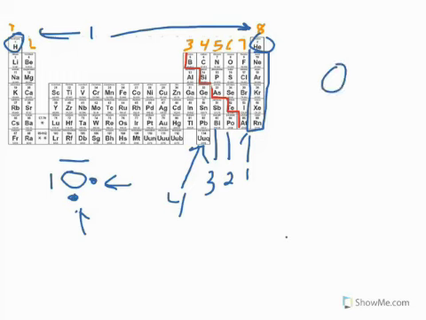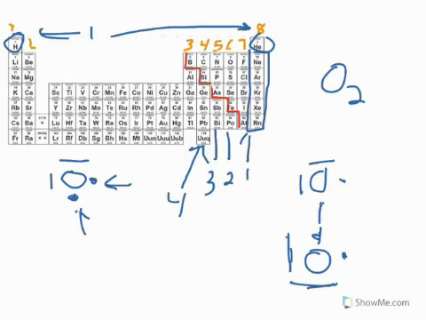So oxygen, O2: we have an oxygen with 6 electrons, and an oxygen down here with 6 electrons. And we form bonds. Well, we can form 1 bond here and 1 bond here. Now this is a terrible drawing. I've got to redraw it.